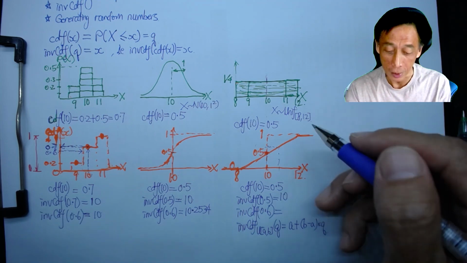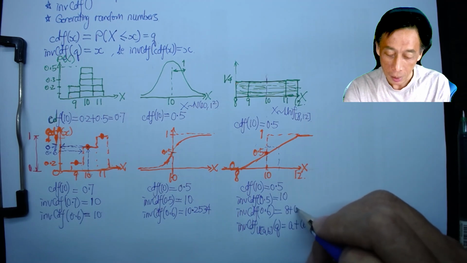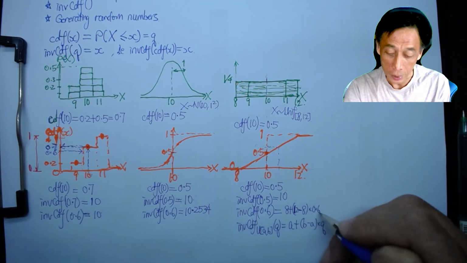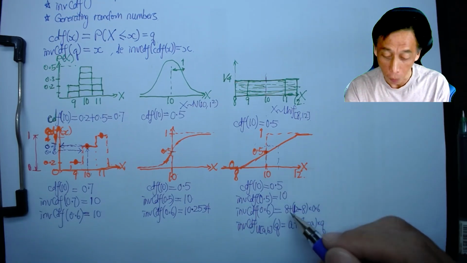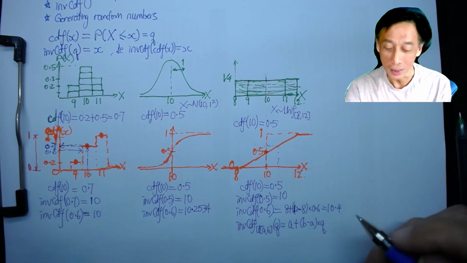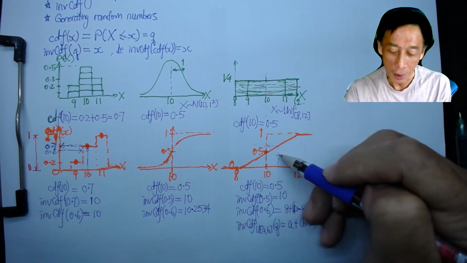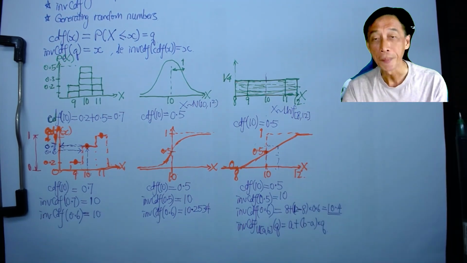So what we have here is 8 plus 12 minus 8, that's 4, times 0.6. So 4 times 0.6, 2.4, plus 8, so that's 10.4. So the answer is 10.4.